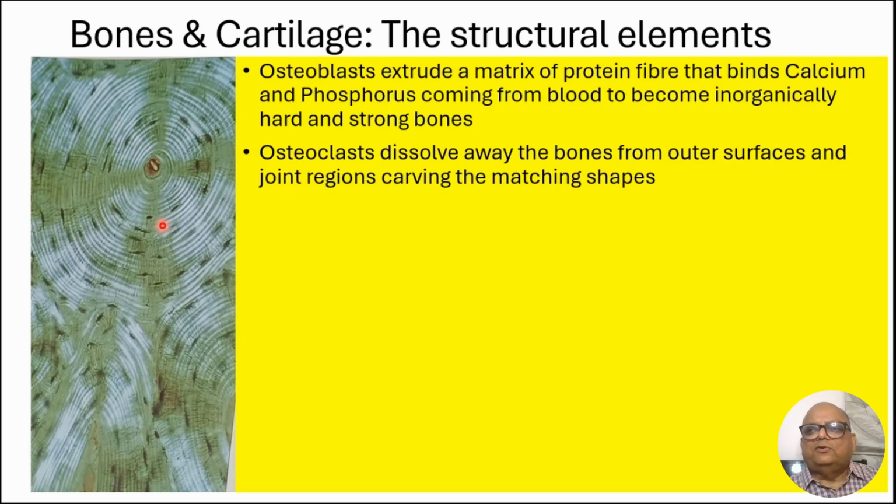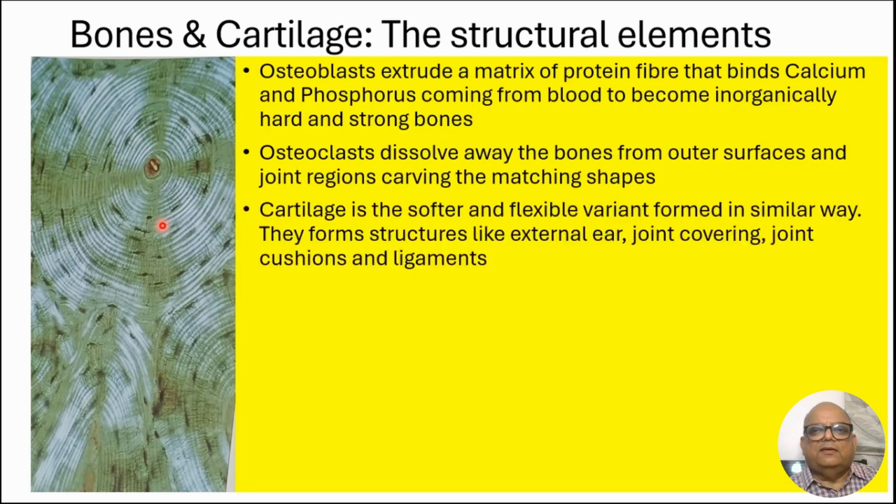It is used as storage as well as forming the hard inorganic structure, giving inorganic strength to the bone. And osteoclasts will dissolve away the bone from wherever it is not required, that is the outer surfaces, and perform the joint carving function wherever it is juxtaposed with the other side of the joint. So to match the shapes, to suit the shapes, yes, the bone carving function is there.